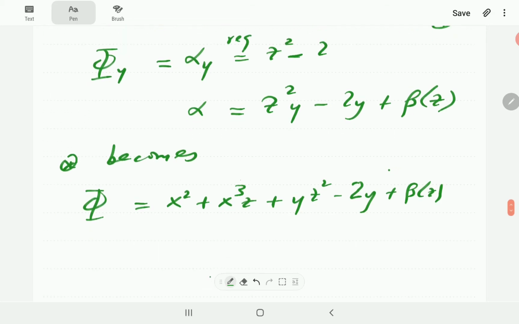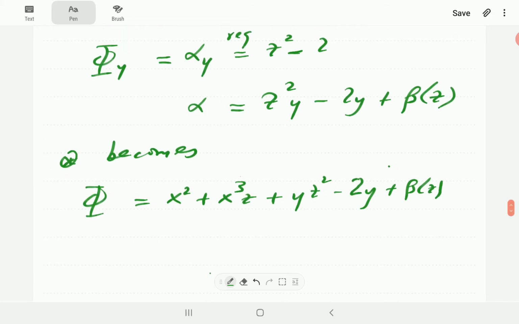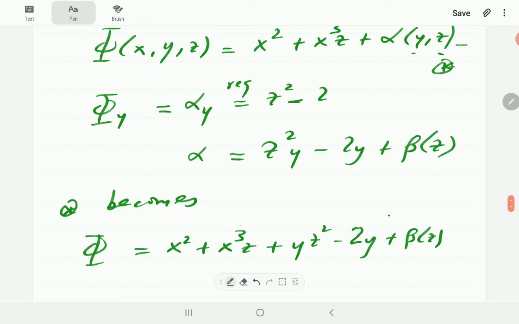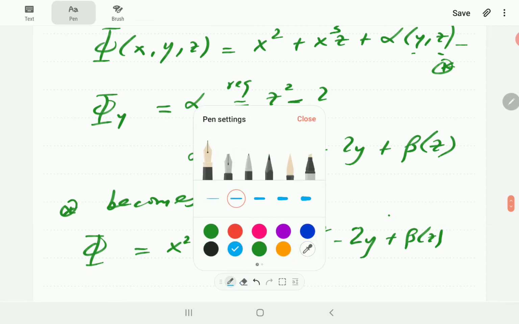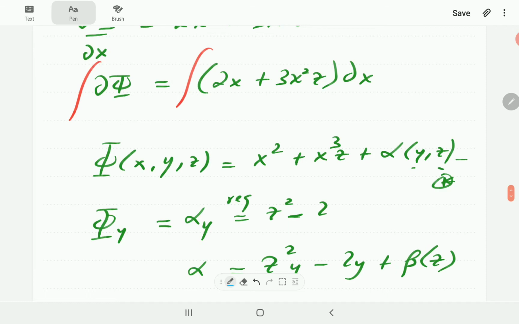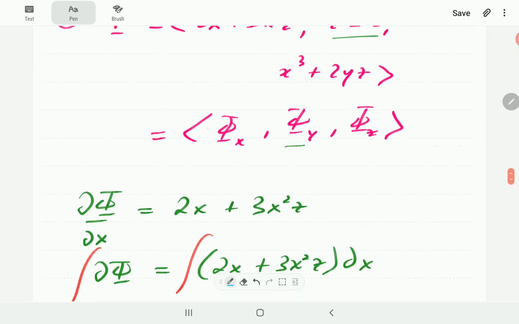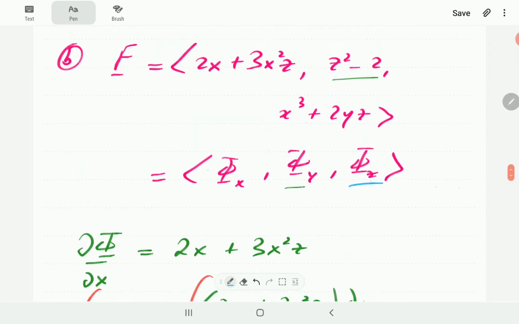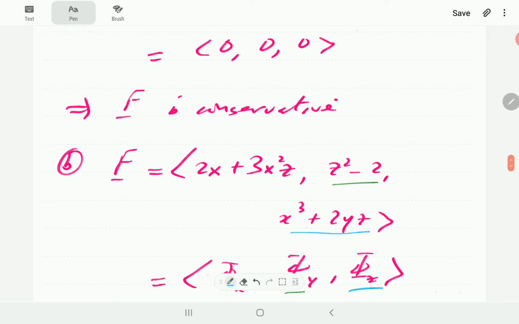Then to find beta, we've got to differentiate this with respect to z and compare with the last component of our equation relating f and phi here. So this one here.